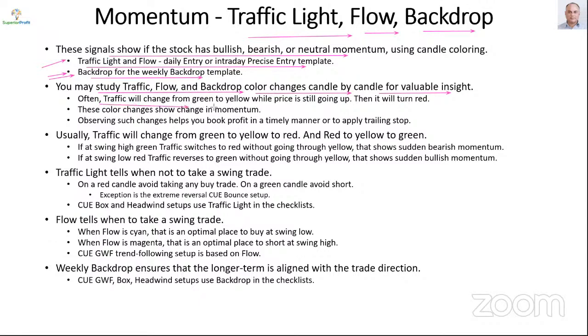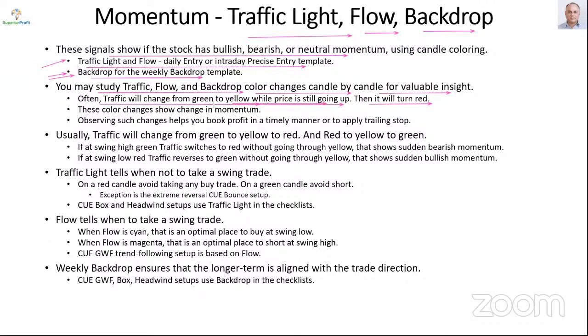Often traffic will change color from green to yellow while price is still going up. Then it will turn red. Turning red will happen only when price has at least somewhat come down, one candle or multiple candles, but it will change to yellow while price is still going up, in many cases.